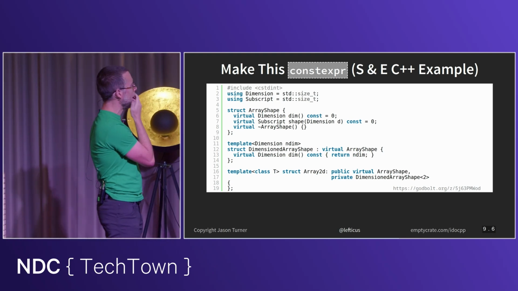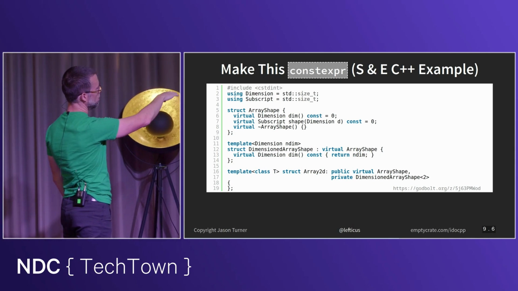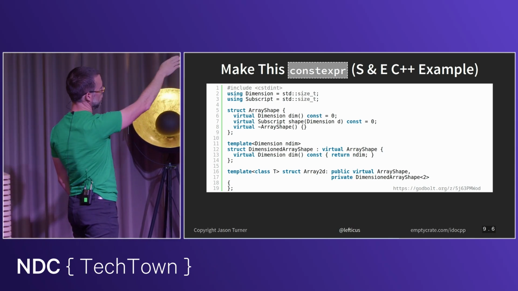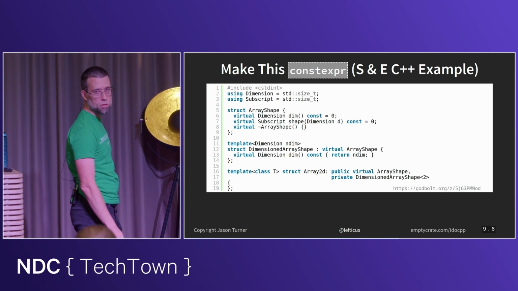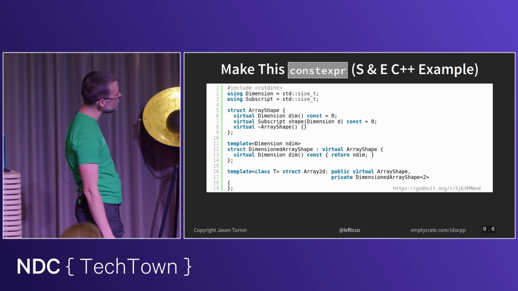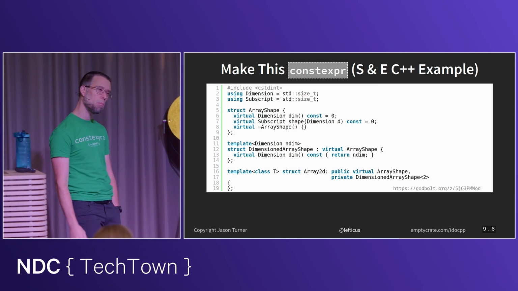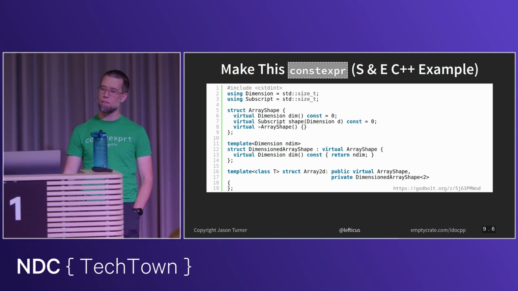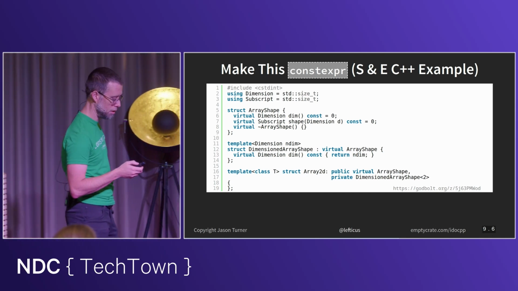Although I didn't actually play with it, given that the thing being inherited by virtual inheritance is itself pure virtual, an abstract base class, I was like, do I really need virtual inheritance? Is it okay to have two separate instances of that array shape? I don't know, it sounds unwise anyhow.